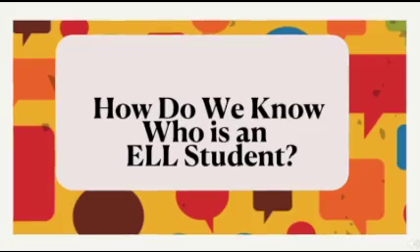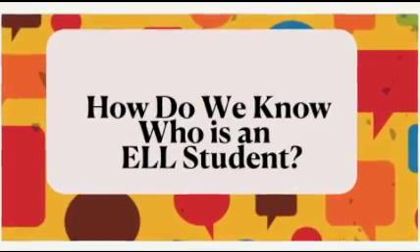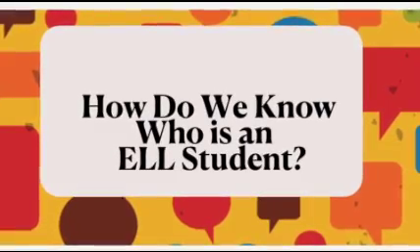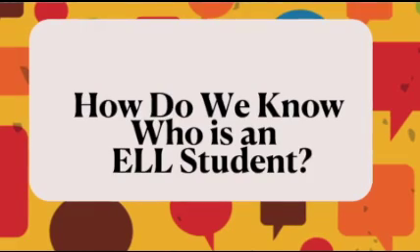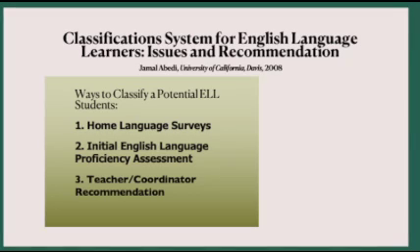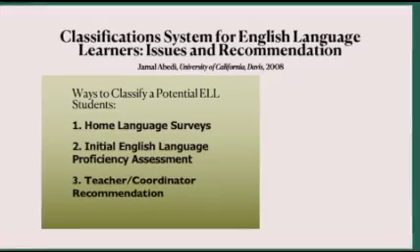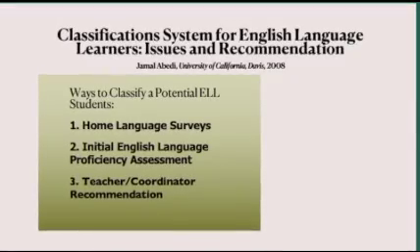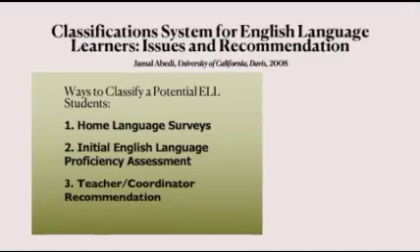To identify and classify an ELL student, there is a process that comes along. It consists of assessments and recommendations. In the article Classification System for English Language Learners, Issues and Recommendations, Jamal Abdi discusses ways to classify a potential ELL student.